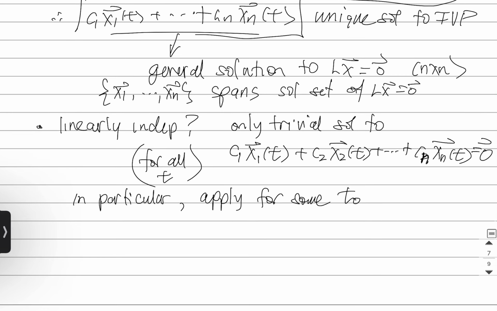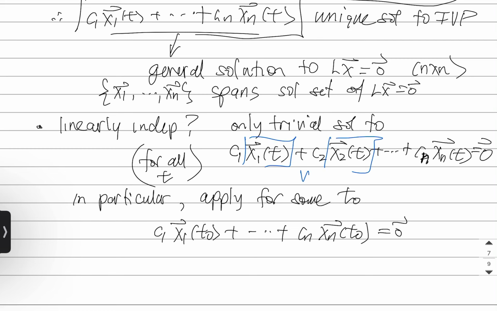So that means c1 x1 of t naught all the way down to cn xn of t naught has to be 0. Now, a subtle difference here is that these are vectors with functions in them, and when I put in a specific value of t naught, these become vectors with numbers in them.